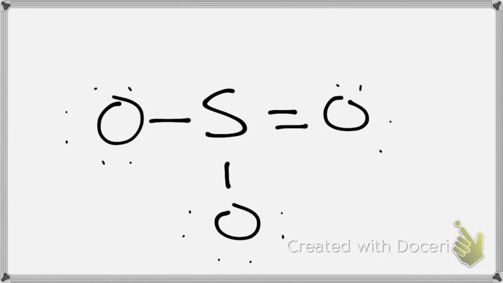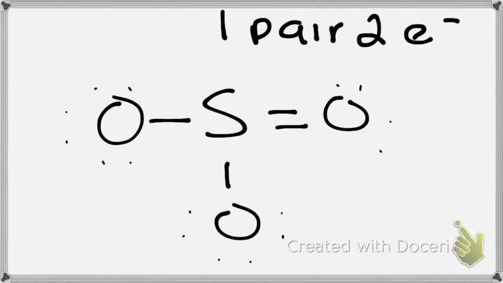We're going to start by identifying the number of lone pairs that we have on the center atom. Remember, for every one lone pair we have 2 electrons. So how many lone pairs do we have present on the sulfur is what we have to ask ourselves. If we notice lone pairs around our sulfur, we have 0.